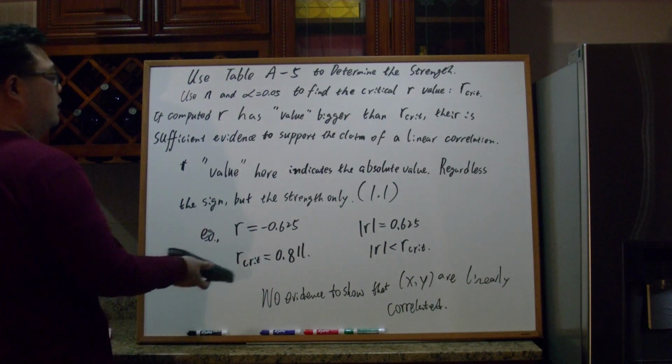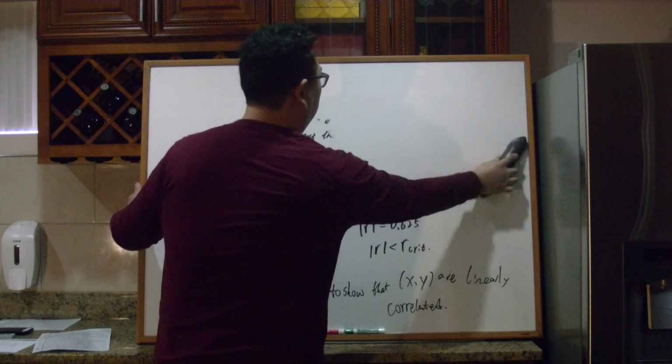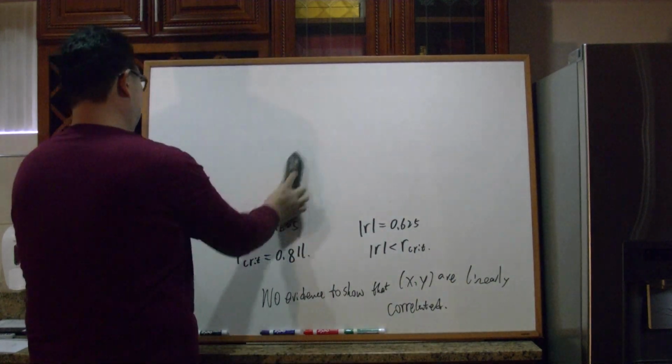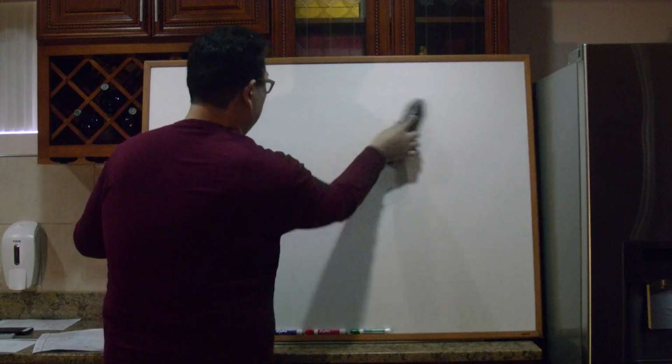That is how we determine if R is strong enough. We'll still see it in our later examples anyway, to see, well, maybe for some cases that R is big enough. Right.